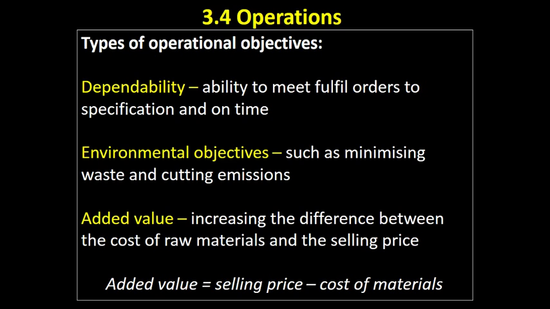The difference between what the person will buy the t-shirt for and the value of the cotton in its raw state is the added value. And obviously organisations like Nike can put a little tick on there and add a lot more value than certain other organisations. Anyway, so that is an overview of operational objectives.